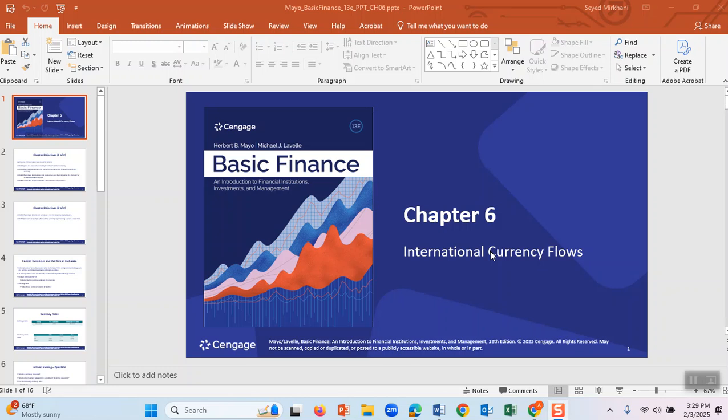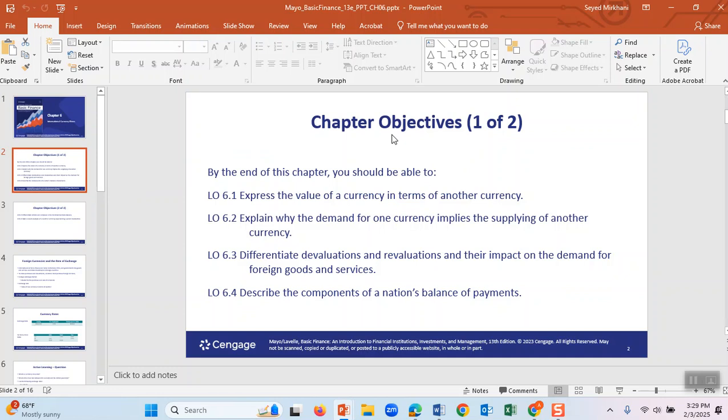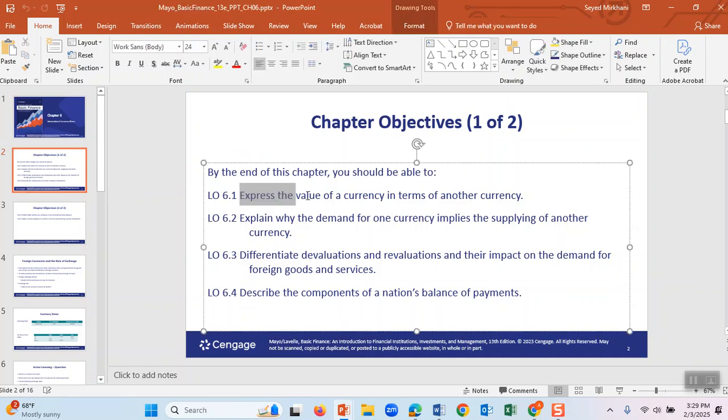How is your company doing? And we will get through that. Therefore, in this chapter, we express value in terms of another currency. We already talked about the US dollar versus the Canadian dollar, and demand for currency and different devaluations and why they go up and down.